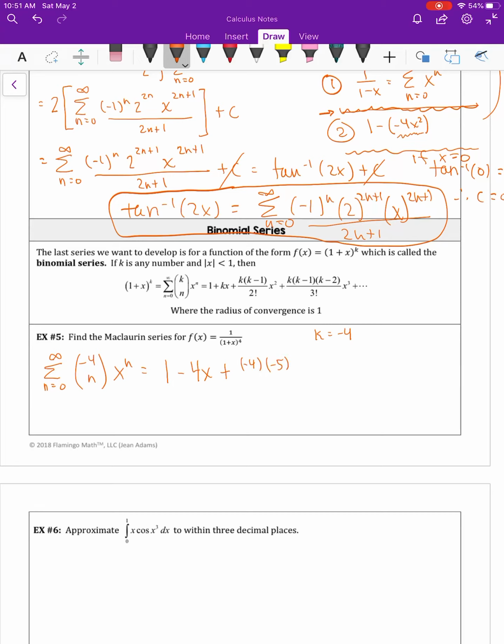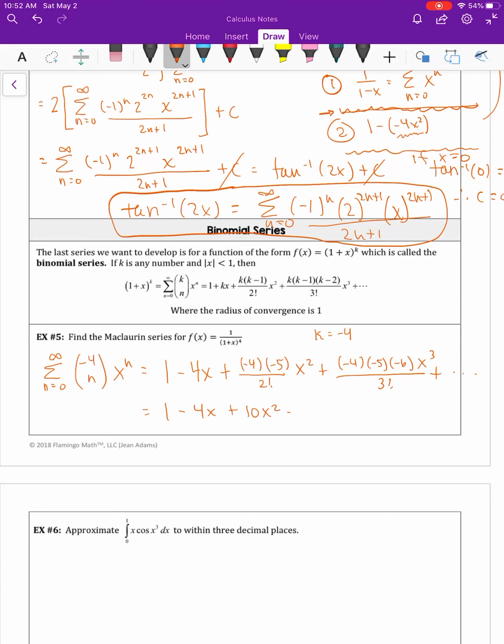Minus -4 choose 1 times x to the 1, that's -4x. Plus -4 times -5 over 2 factorial times x to the 2. Plus -4 times -5 times -6 times x to the 3rd over 3 factorial. Plus dot, dot, dot.